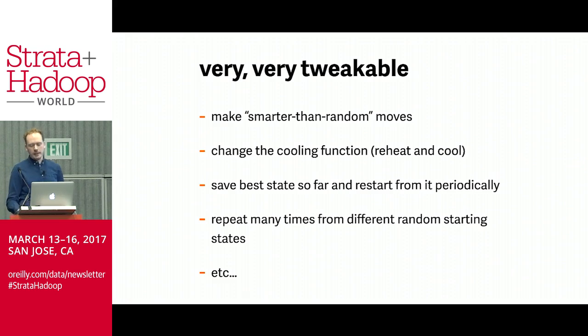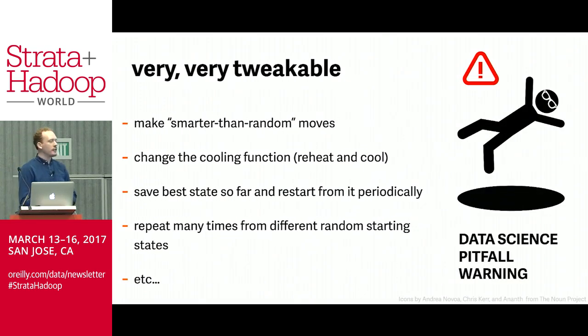So there's lots of ways to tweak this, and as a result, I have to give a warning for data scientists and for managers of data scientists. The reason I'm giving this warning is twofold. One, depending on your problem, you might have to tweak this algorithm a lot to get the results that you want.